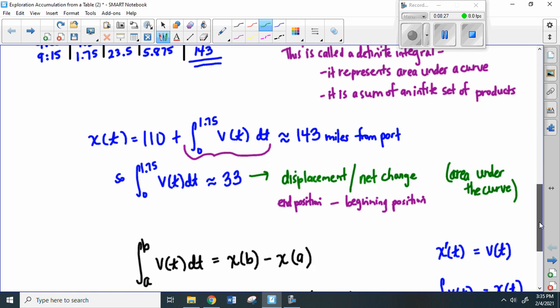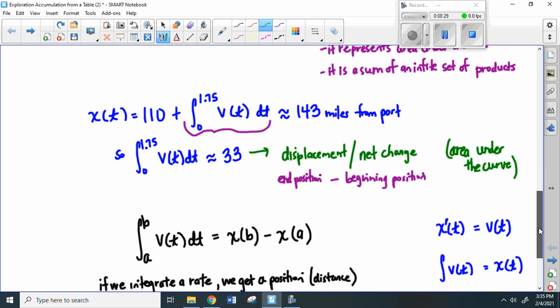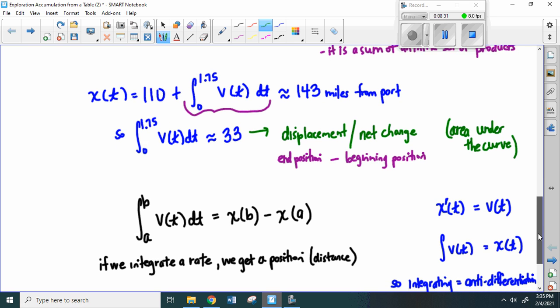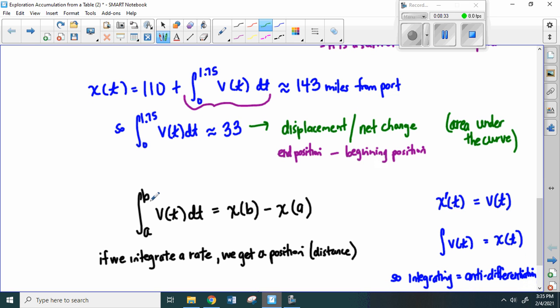Then I wrote it in terms of standard notation. If our time interval went from 0 to 1.75, that could be any interval, so we just say a to b. And if our function is velocity, if we integrate velocity, we actually get position, the function x.